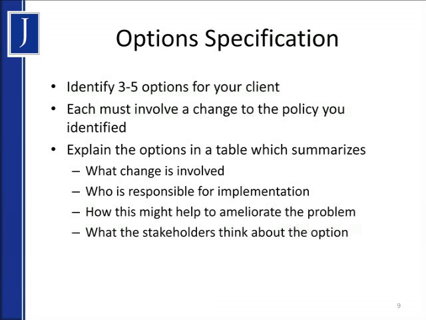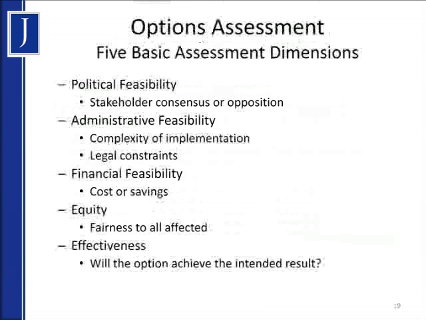And this section explains the options that you're proposing to consider. Typically, the options are presented in a table which summarizes what change is involved, who is responsible for implementation, how this might help ameliorate the problem, and what the stakeholders think about the option.